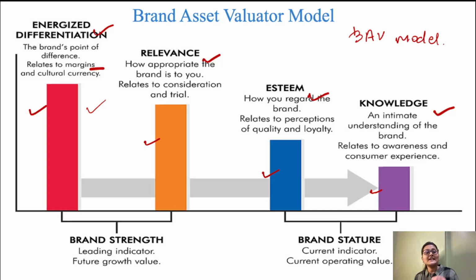So if a brand is very relevant to a consumer, it means that consumers find it suitable and it is according to their needs and preferences. Now the broader the relevance of the products offered to the customers, the more appealing it is to a larger segment of society, of the marketplace, right? So this is relevance.